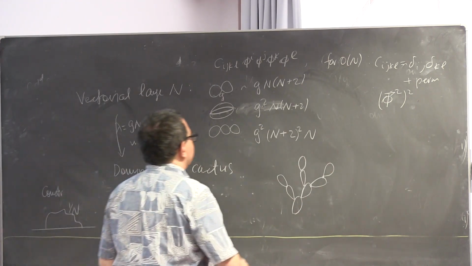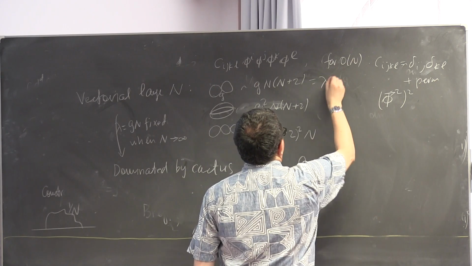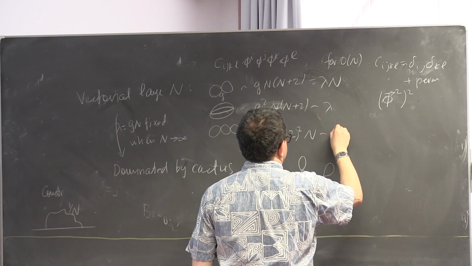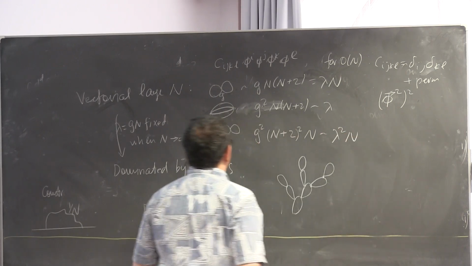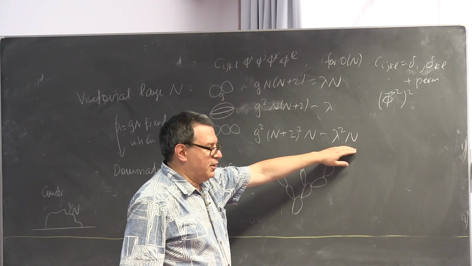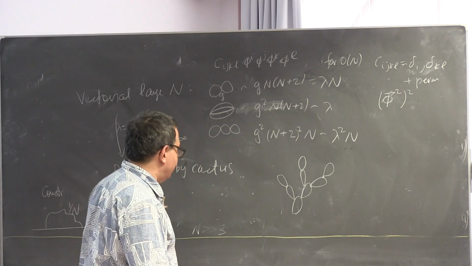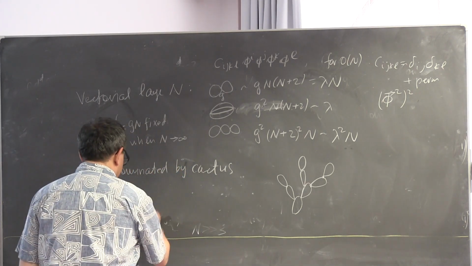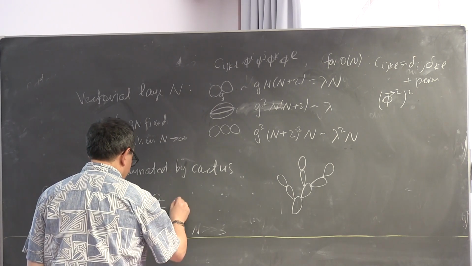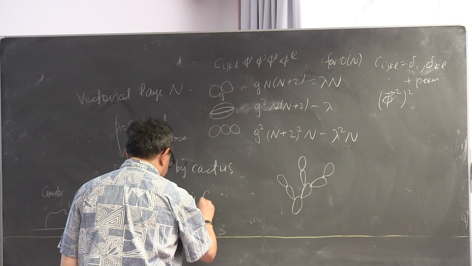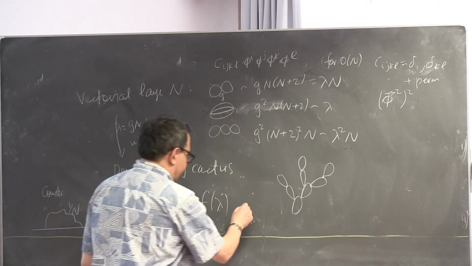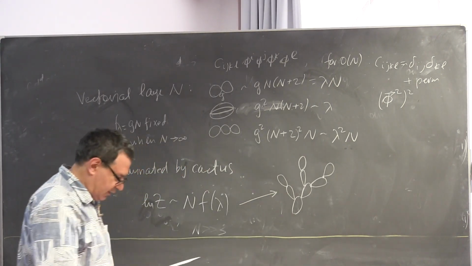So this is just lambda N. This just gives lambda, and this is lambda squared N. And you expect the overall factor of N to be there because there are N degrees of freedom, right? So in these series, if you compute the sum over all connected diagrams, log Z, you expect to see N times some function of lambda. And this function of lambda entirely comes from these cactus diagrams.